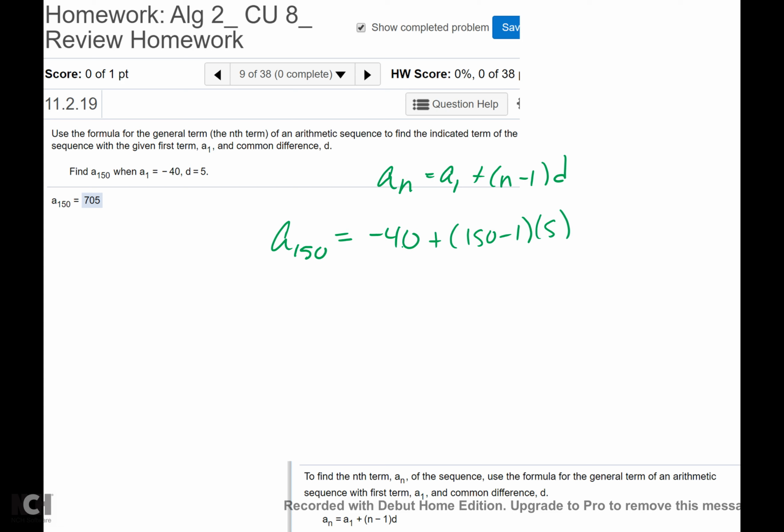This would be one place plus 149 more would put me in the 150th position. So I take negative 40 plus 149 times 5, and you get 705. The 150th term in that arithmetic sequence is going to be 705.